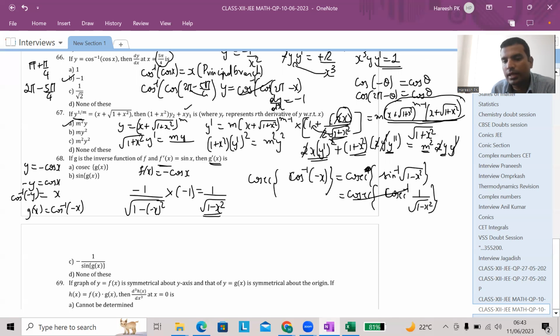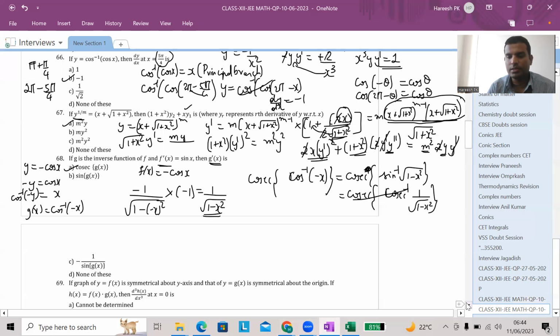And then this will get cancelled, and I'll get exactly the same answer as I got by directly differentiating g of x. Isn't it so? Option A here is the right answer. Because when I substitute g of x as cos inverse minus x and evaluate what is cosecant of that, I will end up getting 1 by root 1 minus x square. So it is option A.